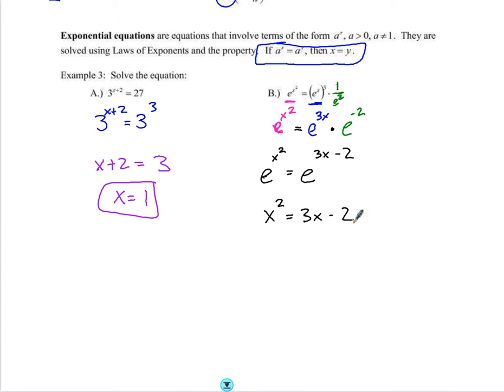Now, what do I got to do? Yeah, we're all doing it, but we got to factor. Bring everything over to the left and go from there. Two numbers that multiply to 2, but add to negative 3.